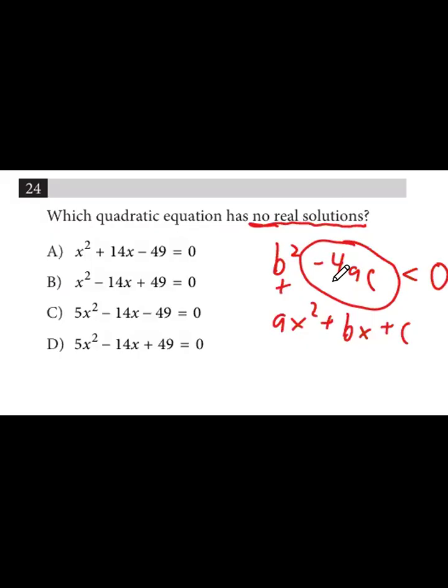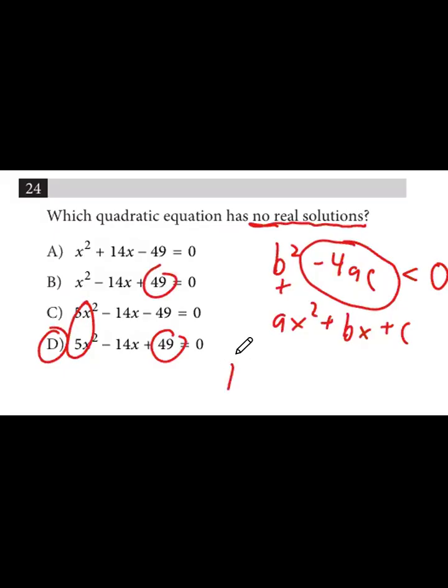So we just want a to be a large positive value. Both of these have a large positive value, and then we would want c to be a large positive value as well, which would be this one and this one. So the correct answer would be D, and I can just calculate it if you want.